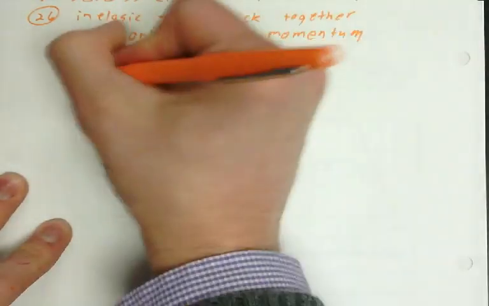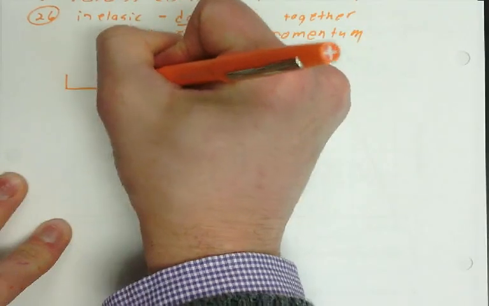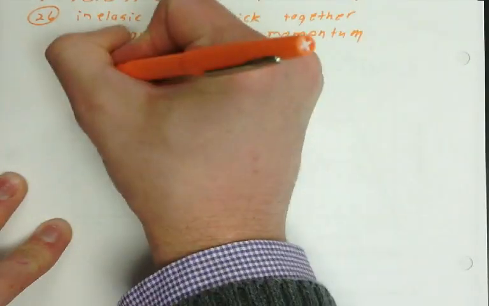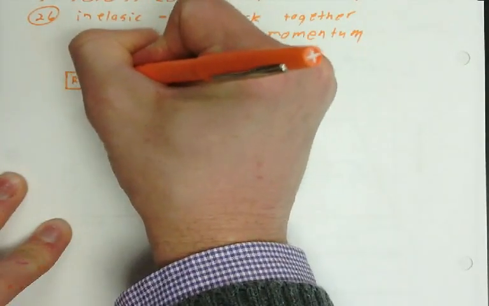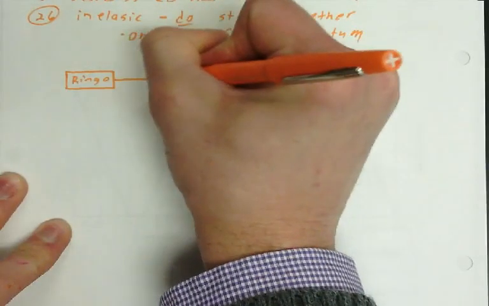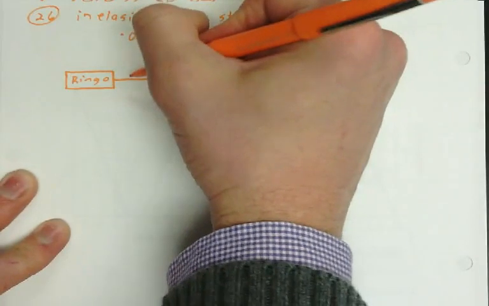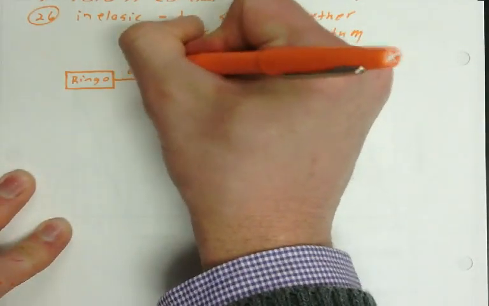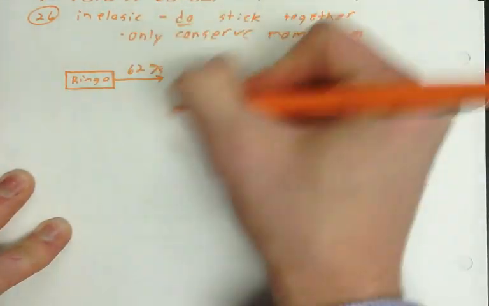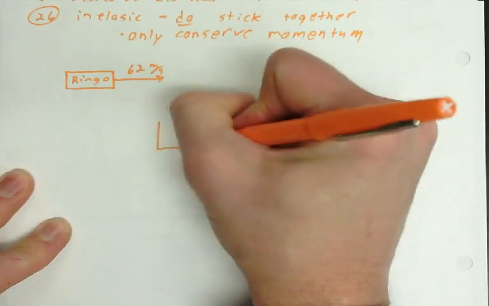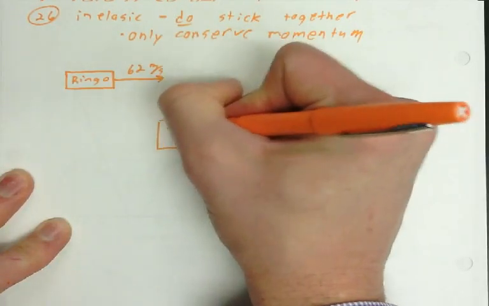So we've got the car going east, and that's at 62. And we've got the bus going north.